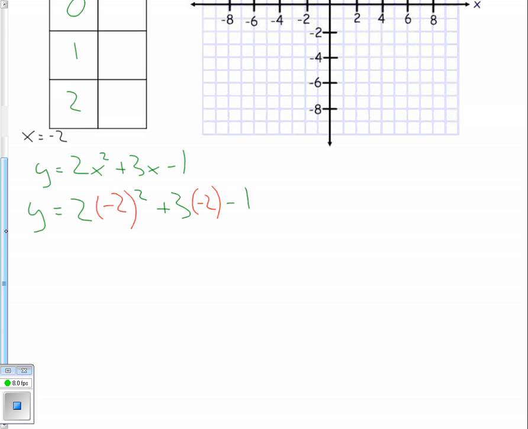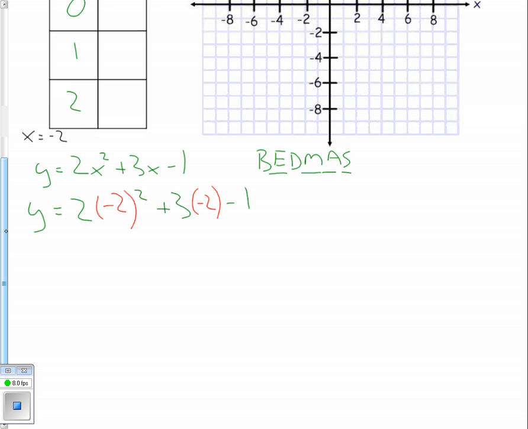Okay, and so now I'm just going to use my Bedmas skills. So for example, I know that this particular equation has no brackets, but it does have exponents. It has no division. It does have multiplication. It does have addition, and it does have subtraction.